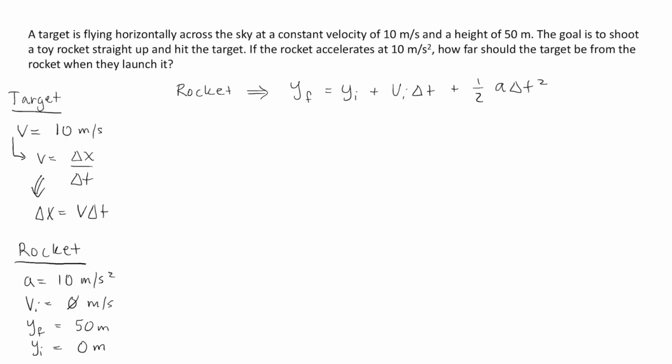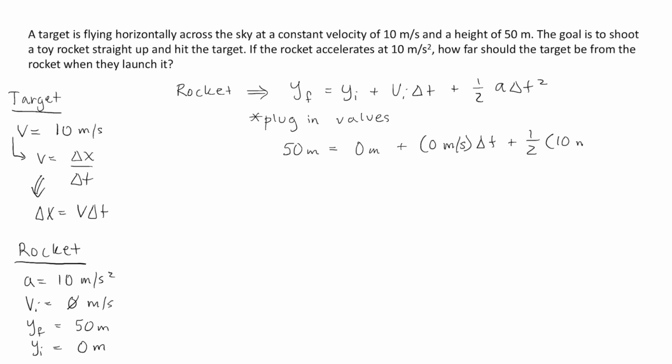So on a clean sheet, I've written out all our known variables and the equations we need. So we have our kinematic equation at the top here. And normally I would rearrange and isolate for the variable I want, delta t. But in this case, I want you to just plug the numbers in right away, because what you'll realize is we have a lot of terms that will just go to zero, because our initial position is zero and our initial velocity is zero.